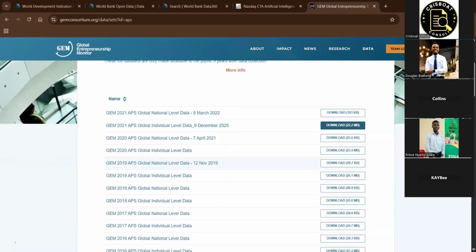So if you have time, you can combine them. You can download each of them and combine them to create a longitudinal study. If you don't have time to, you can use 1 year, which is 2021, because it's survey data, so it's like people fill the questionnaire. Okay, so the data has opened.